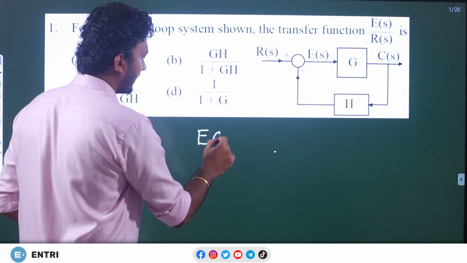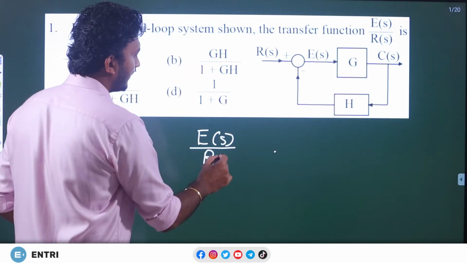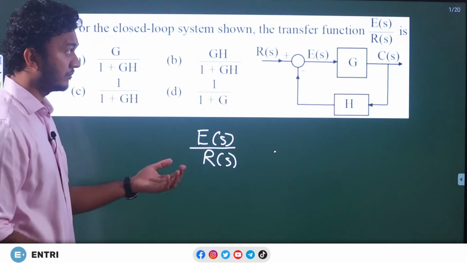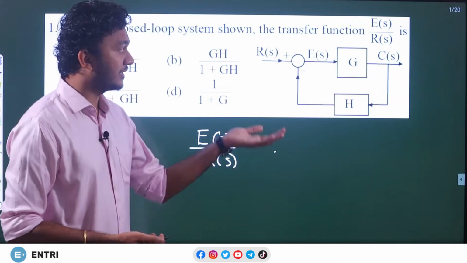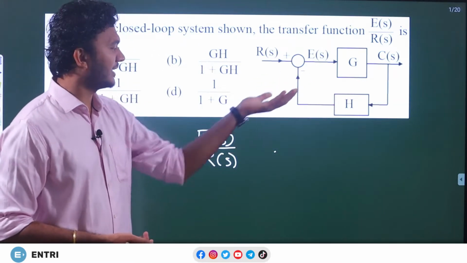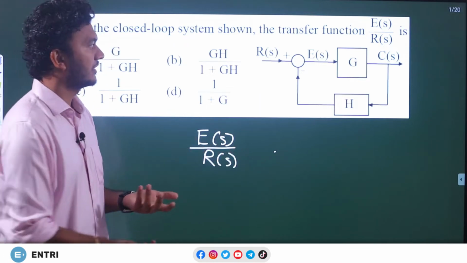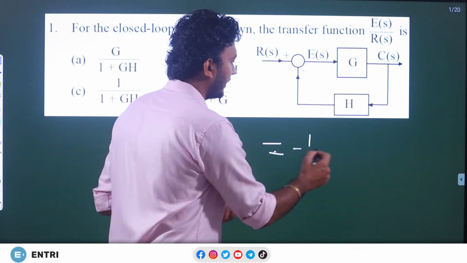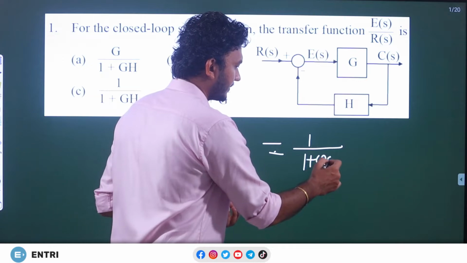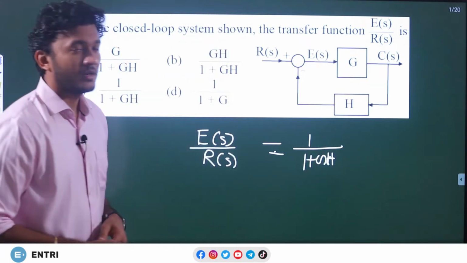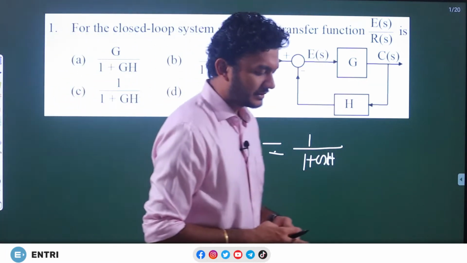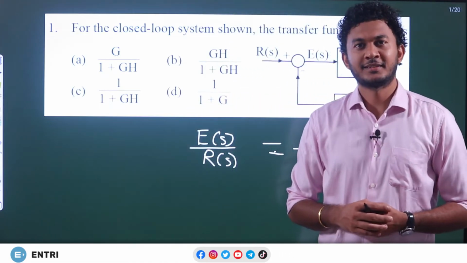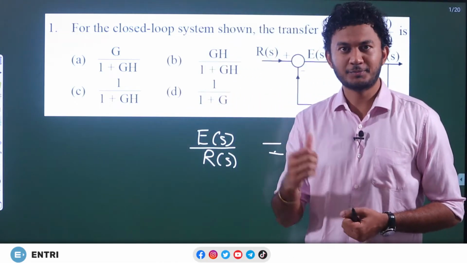See, we have done a lot of questions harder than this, and they have simply asked this one, E of s by R of s, that is simply 1 divided by 1 plus GH. Always remember that you will do this problem.